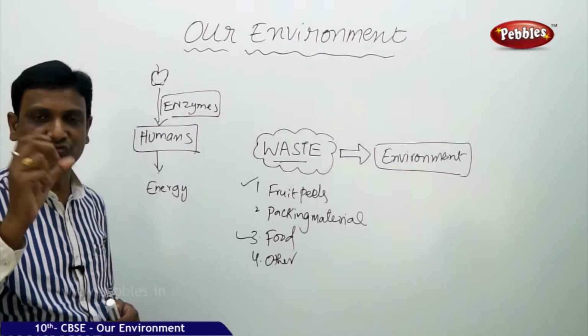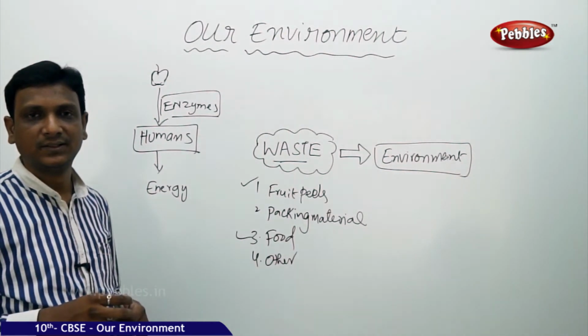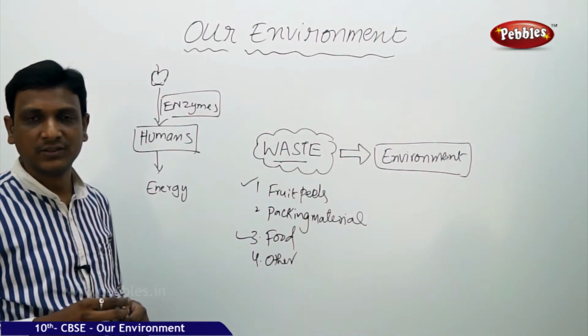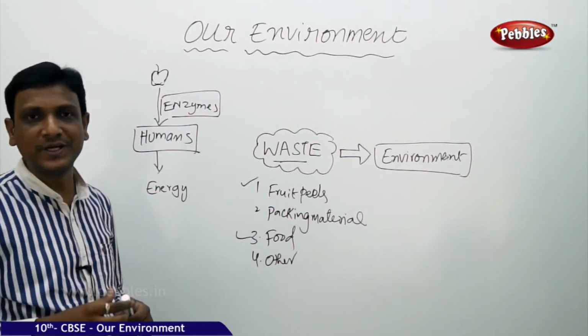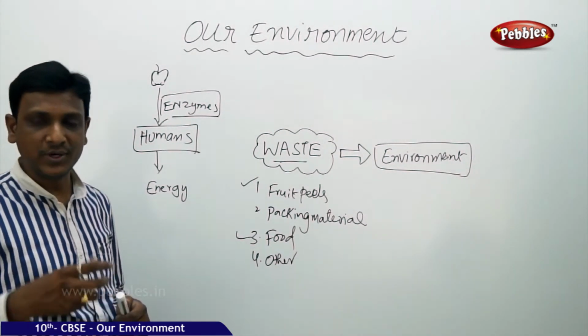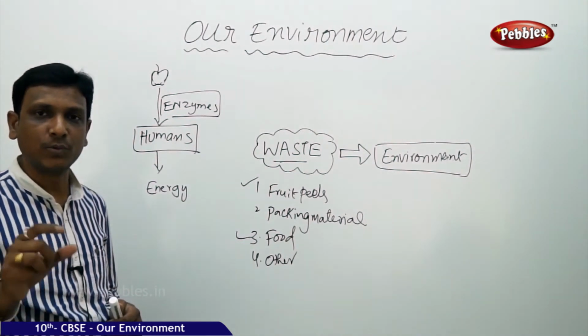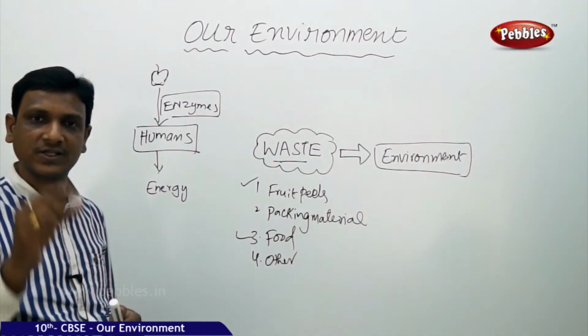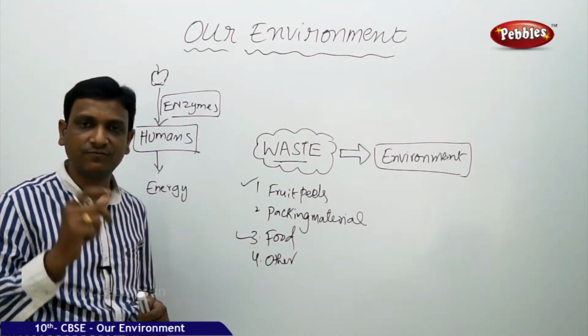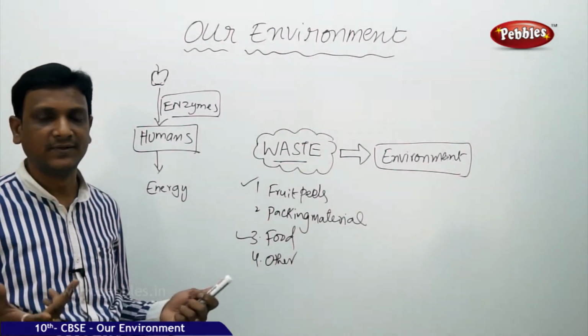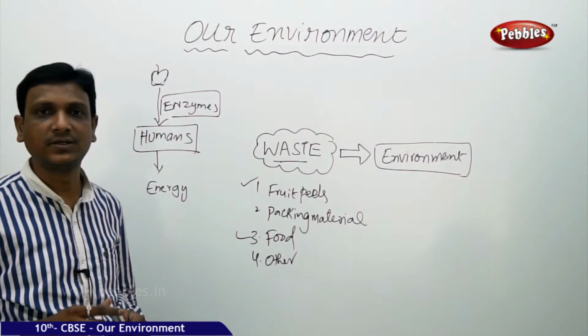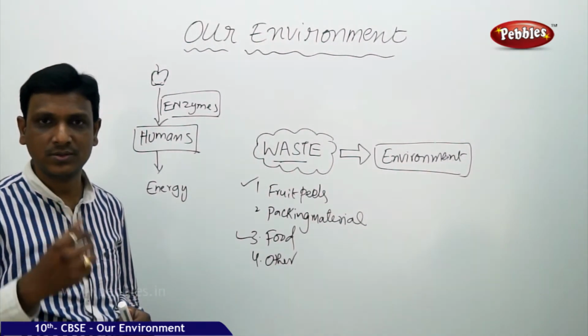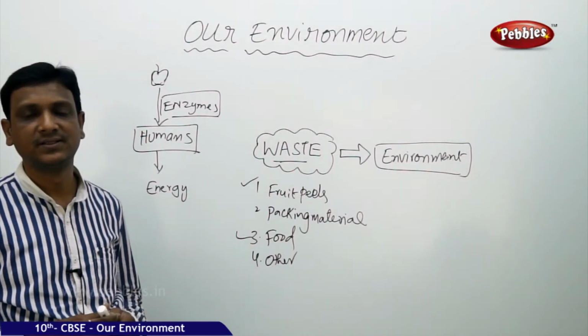But if you are given a bit of wood, a bit of coal, a bit of stone to eat, can you get energy? Will your body digest this stone or a small piece of coal or wood? Definitely not. Your body cannot digest stone, wood or coal.